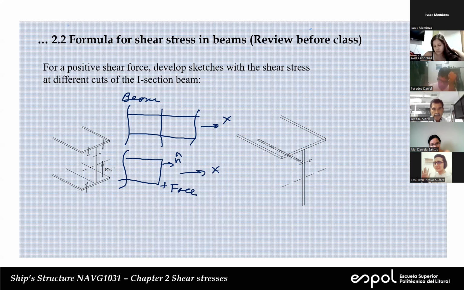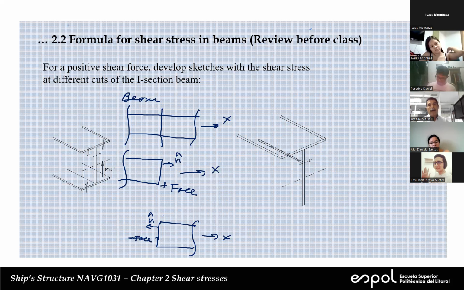But we could also consider the other side, okay? So I'm going to draw here. That's the other side of the beam. This is the X direction because that doesn't change. But now the normal pointing outside the segment points in the negative X direction. So this is a negative phase.